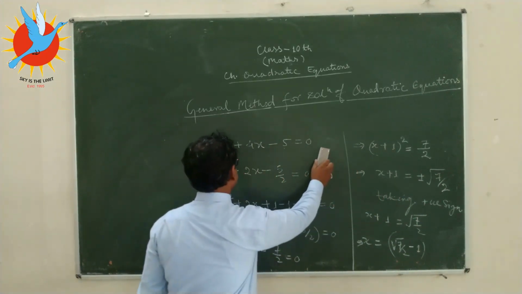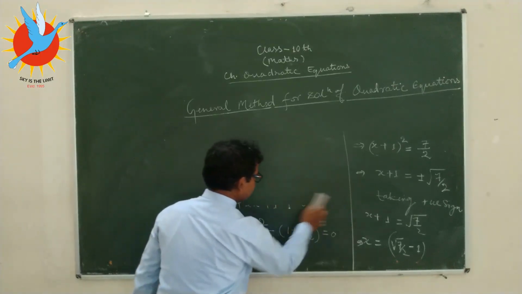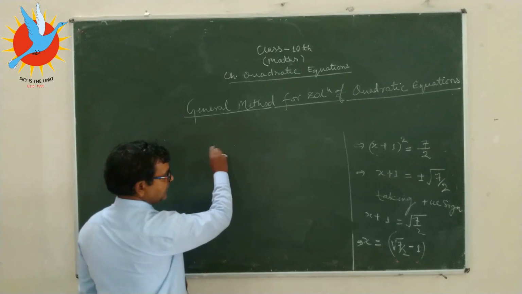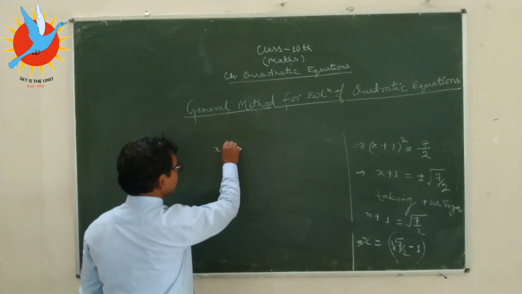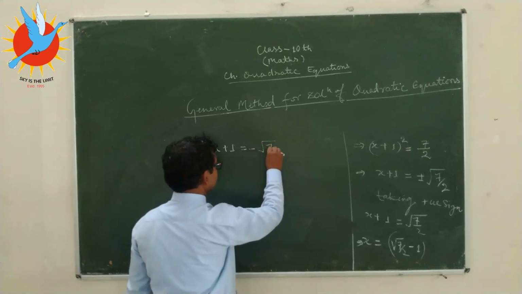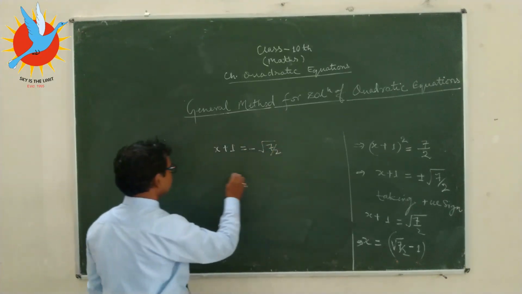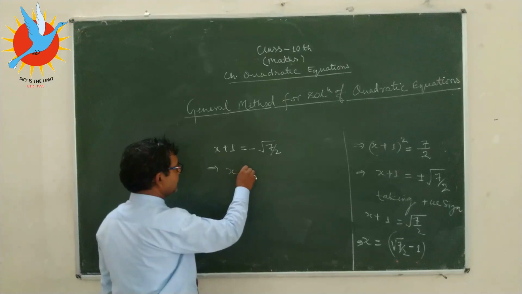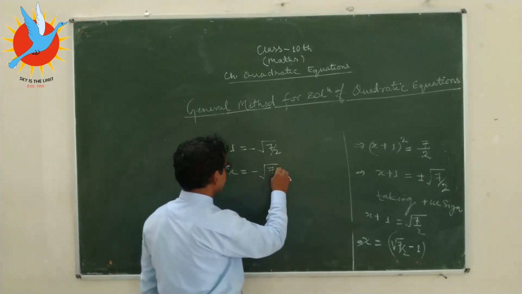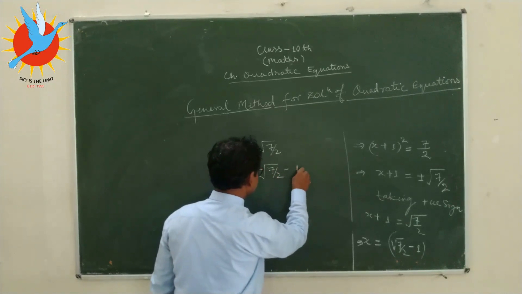Now if you take the negative sign, we have x plus 1 equal to minus root 7 by 2, and this gives x equal to minus root 7 by 2 minus 1.